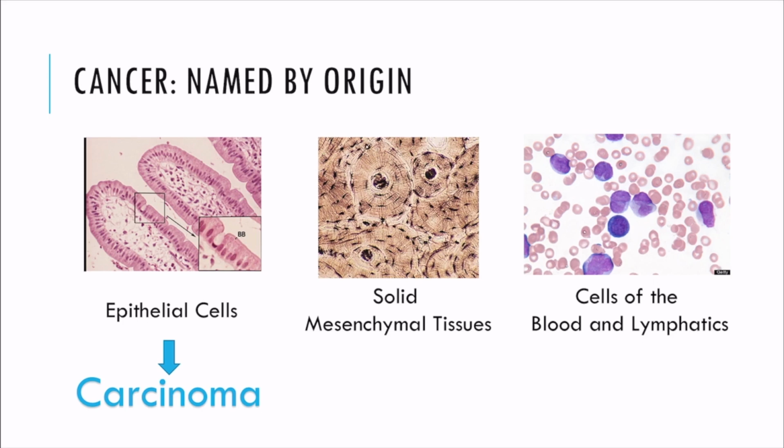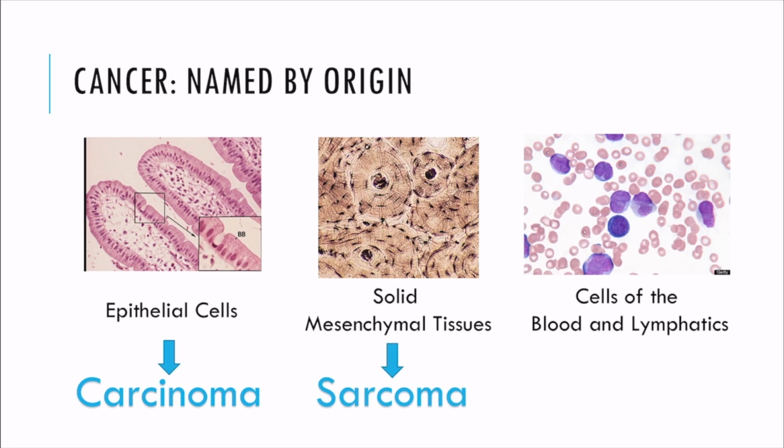Solid mesenchymal cancers. Mesenchyma are when loose cells are embedded in a mesh of proteins and fluid, kind of that extracellular matrix. This is the tissue that gives rise to connective tissue. So solid mesenchymal tissues give rise to sarcomas.